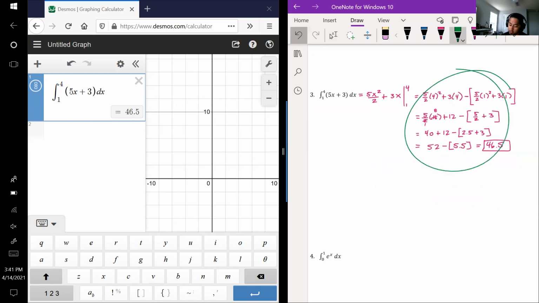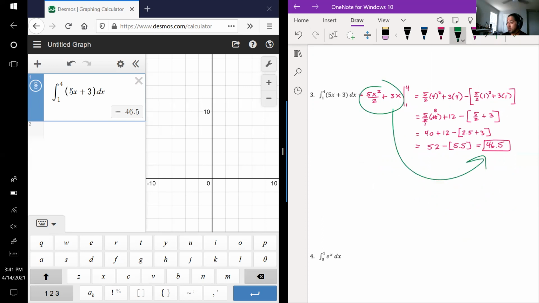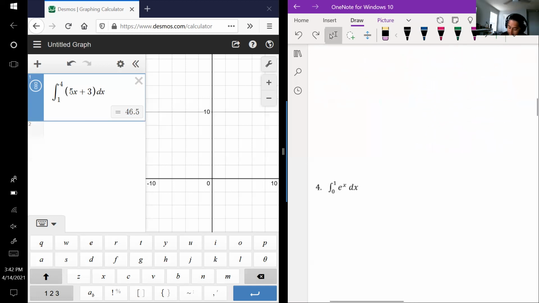But again, to make your work easy, stop here and give me the answer. But remember, make sure you are plugging in the original problem. If you plug in the antiderivative, you're going to get something different. So you have to plug in the original. Okay. So I'll keep that up and we'll keep going.